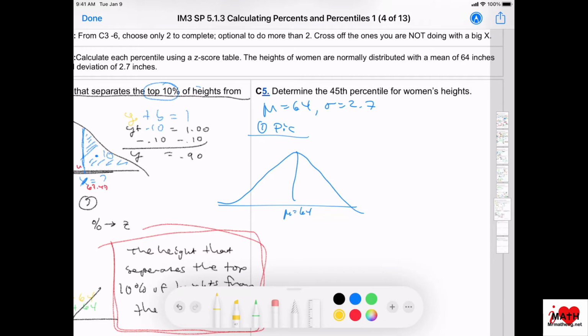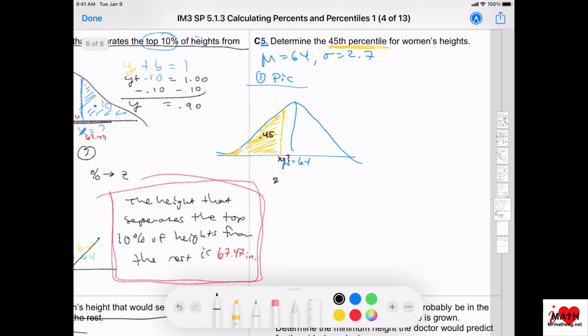And this little bit of information says 45%. Now we know that if the whole curve is 100%, if you divide it in half, that means it's 50-50, so 45th percentile would be something like this. They're basically wanting to know what is this score that corresponds to this x value that gives us a 45%.